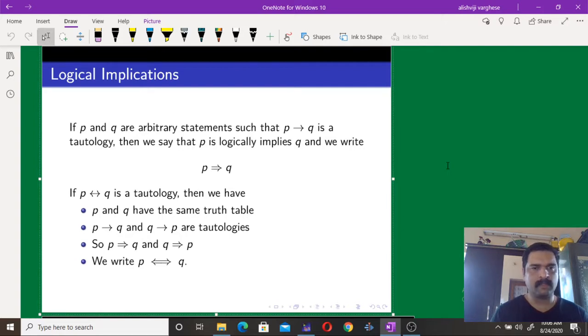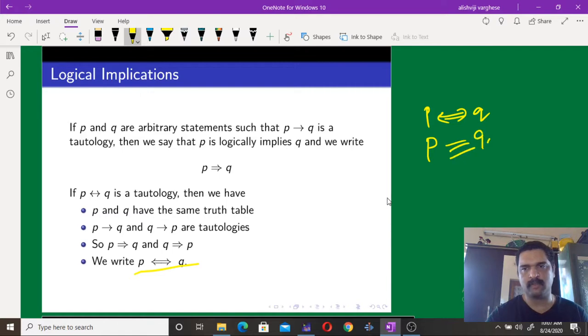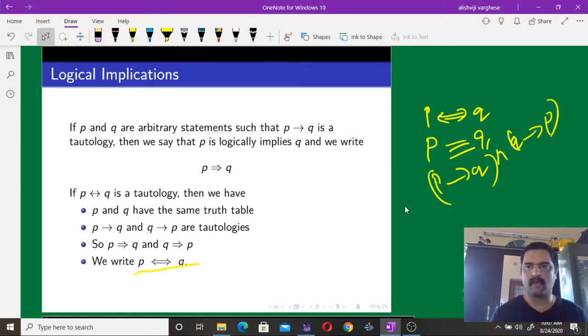Then, if the biconditional P if and only if Q is a tautology, then we can write P if and only if Q, or P is equivalent to Q. P is equivalent to Q is represented symbolically by P if and only if Q, or in some cases we write P equivalent to Q. In other words, if P is equivalent to Q, then P implies Q and Q implies P. That is, P implies Q is a tautology and Q implies P is a tautology, and the biconditional P if and only if Q is a tautology.